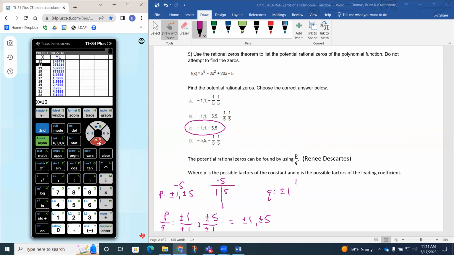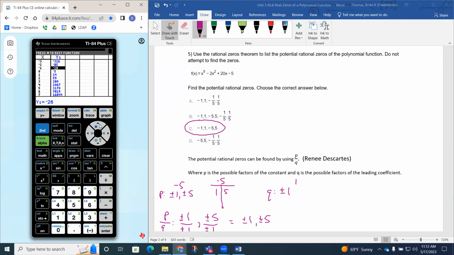using the remainder theorem, we could look at this. So if we look at f of 1, notice that the remainder is 14. So that is not a 0. If I look at f of -1, notice that my remainder is -28.